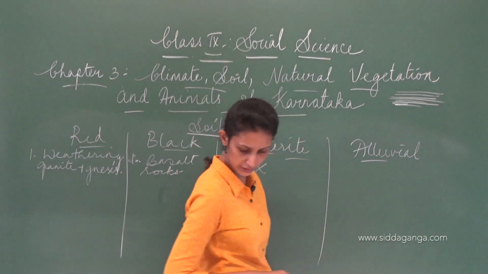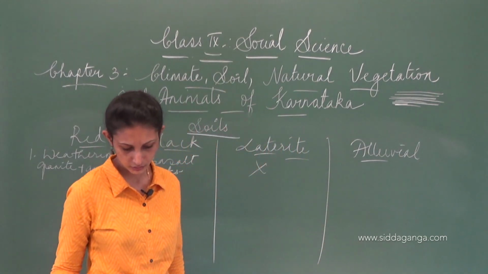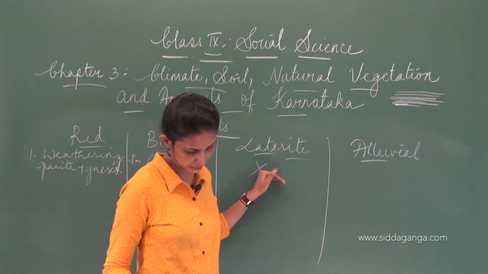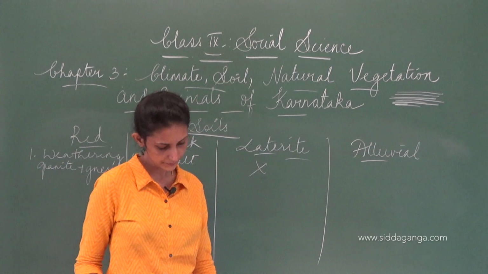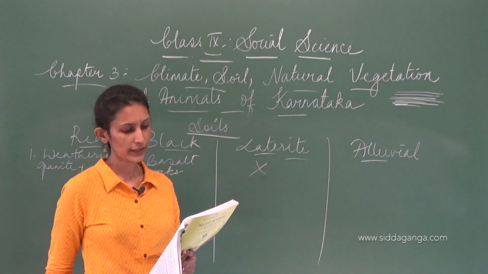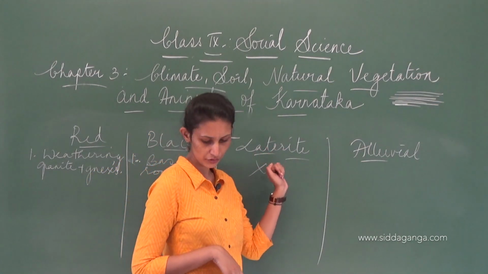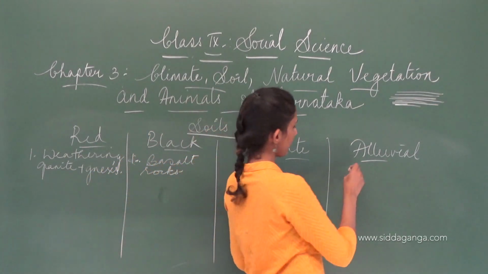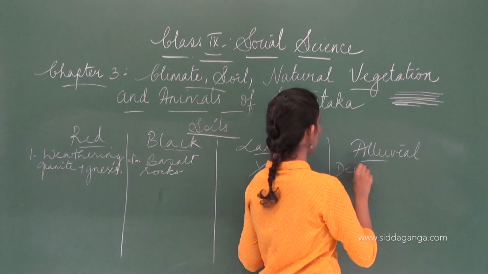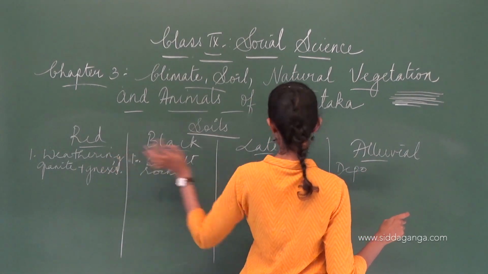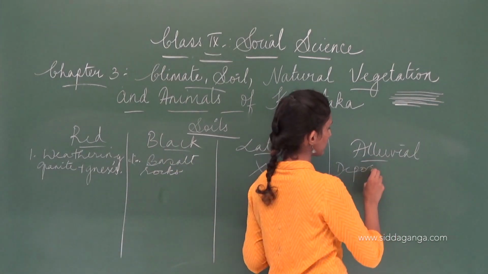In laterite, I think it's not given. But in alluvial soil, it's given how it's formed. So you can write it like this: this is also formation, but the word there is weathering and here it is deposition.